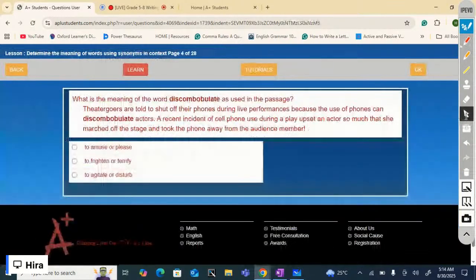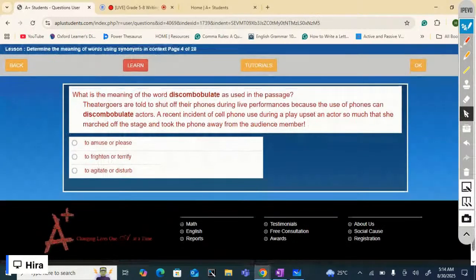Now, what is the meaning of the word discombobulate as used in the passage? To amuse or please, to frighten or terrify, to agitate or disturb. One, two, three. Which one is it?